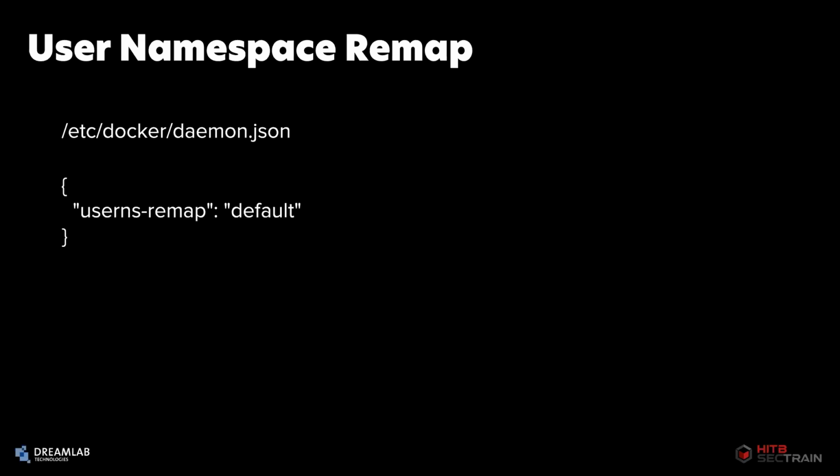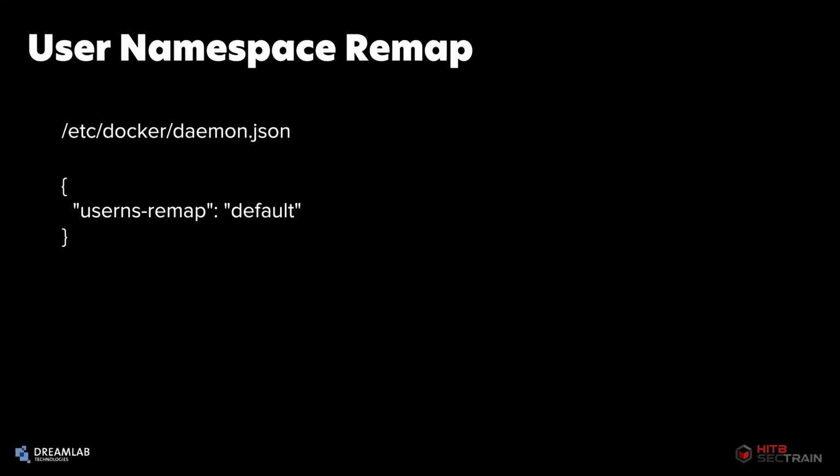Not many people know about this feature, and it's pretty interesting. For the container, it's running as root, and your application uses the root user, but on the host machine, it's a low privileged user. So this is super interesting to prevent privilege escalation attacks, sandbox escapes, and other security issues.